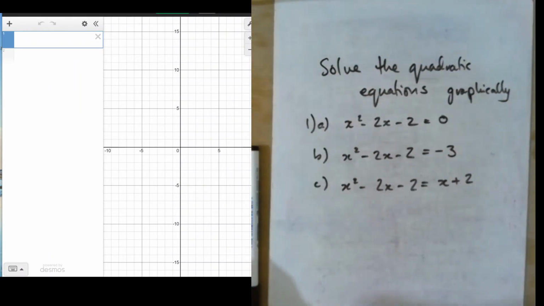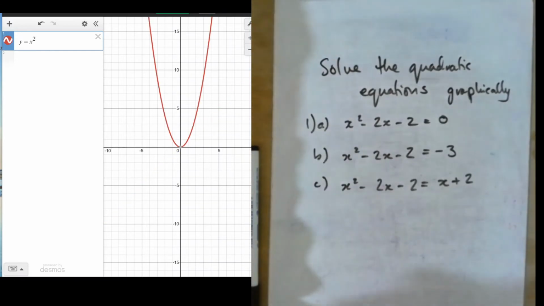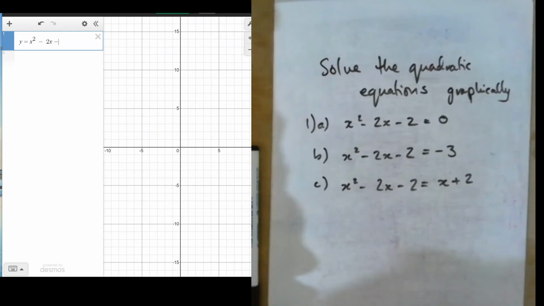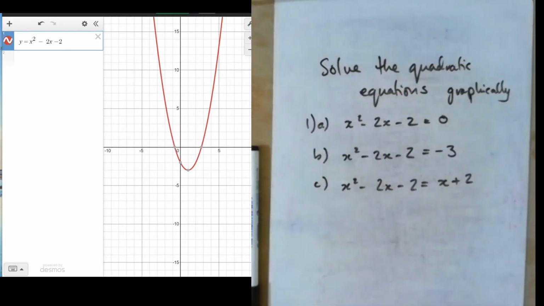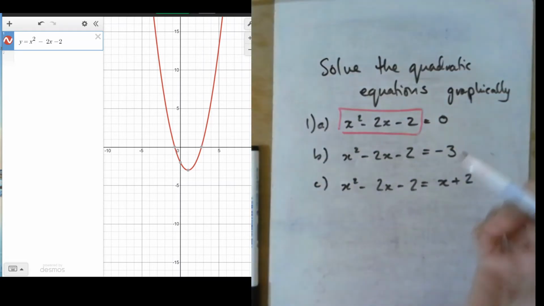So we're going to draw one of them. It's going to be y equals x squared take away 2x take away 2. Okay, so I've drawn that graph right there.